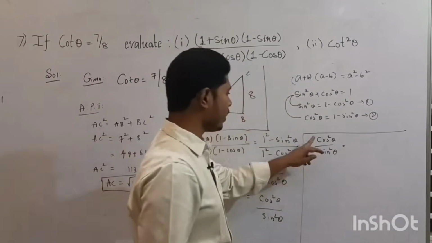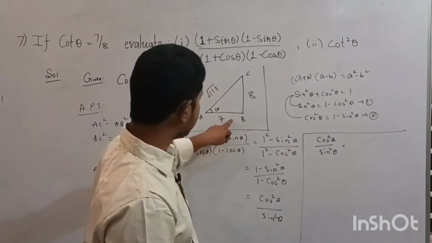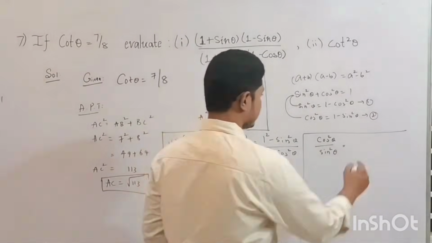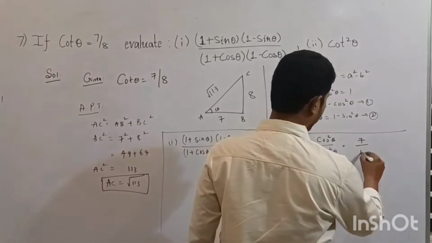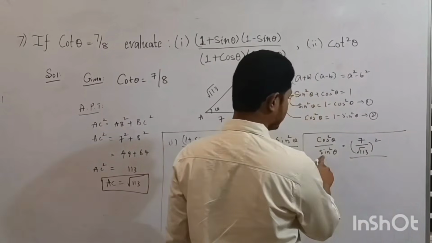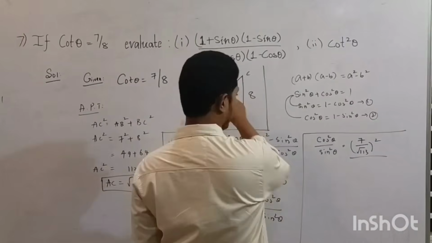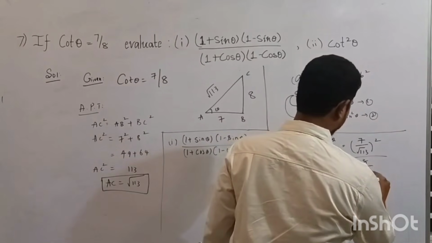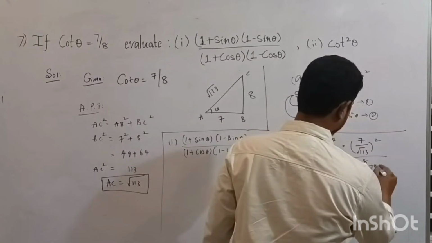What is the formula of cos? The formula of cos is adjacent by hypotenuse. That is equal to (7 by root 113) whole square. What is the formula of sin? Opposite by hypotenuse. That is equal to (8 by root 113) whole square.